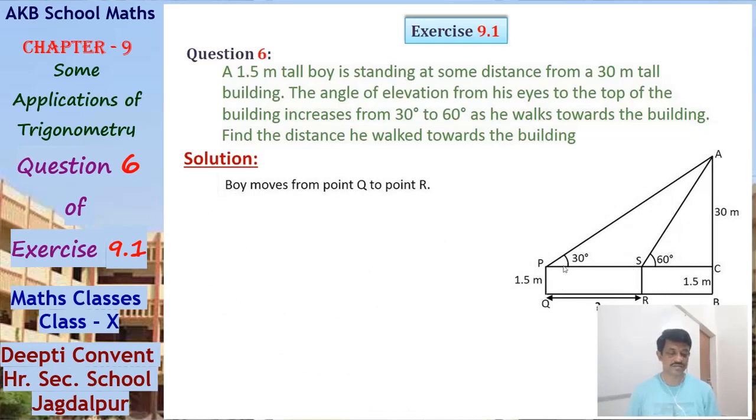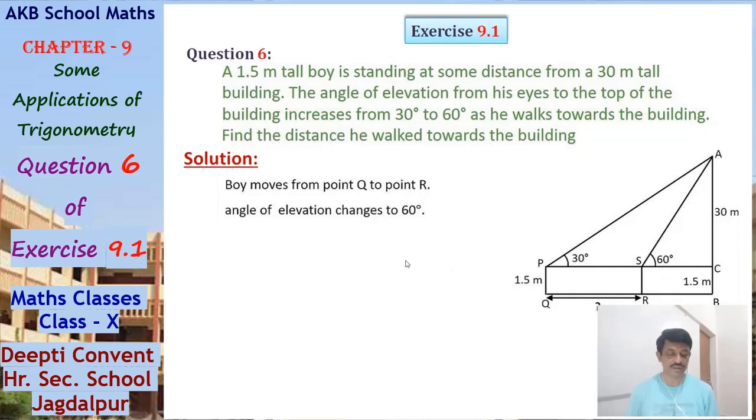Okay, see. Now the boy moves from Q to the point R. The angle of elevation changes to 60 degree here. This is the horizontal line from eye level.